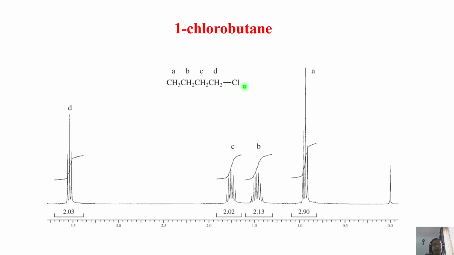Now, as a consequence, what happens? There is no symmetry here. If it was CH3, then there would have been symmetry in this molecule. Just because you knocked off one proton and attached chlorine, symmetry is broken. Now, how many groups of protons are present here? There are 4 different groups of protons here.